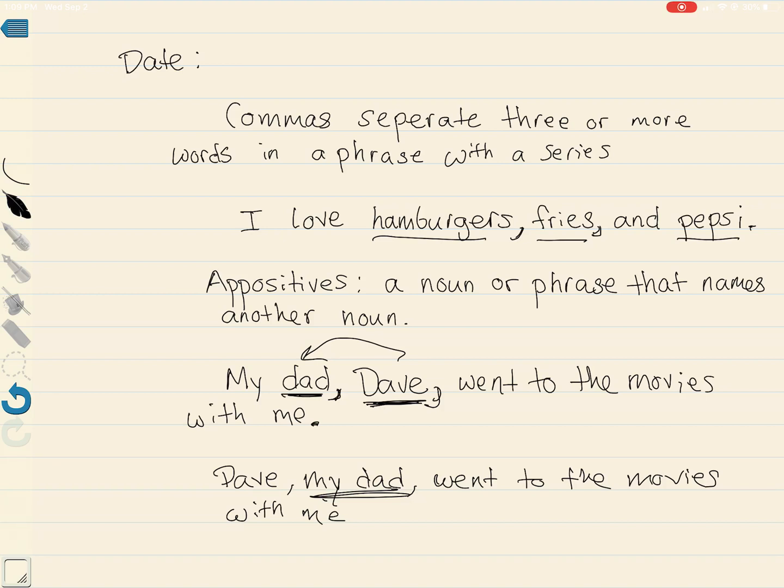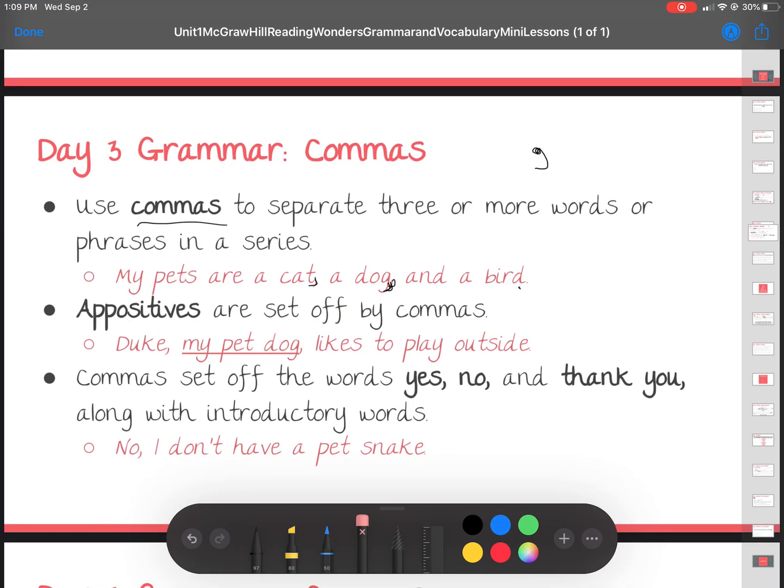But that is what we call appositives. Okay. So they use the example, Duke, comma, my pet dog, comma, likes to play outside. If you just said Duke likes to play outside, the person who's reading that might not know it's a dog. So that's why you might do something like that. But you have to make sure that you are setting them off by commas.